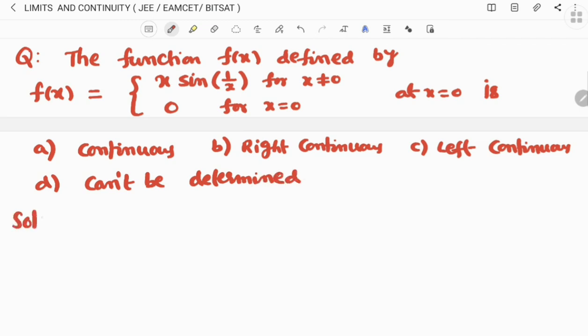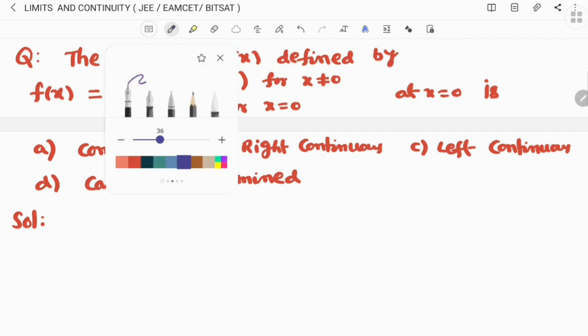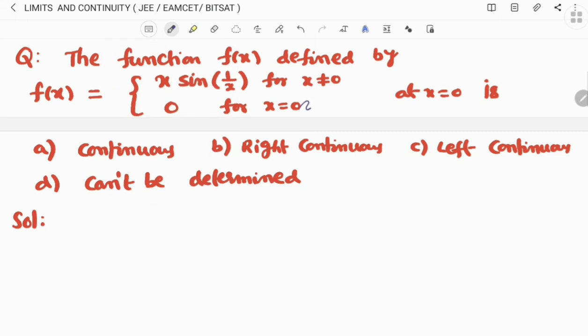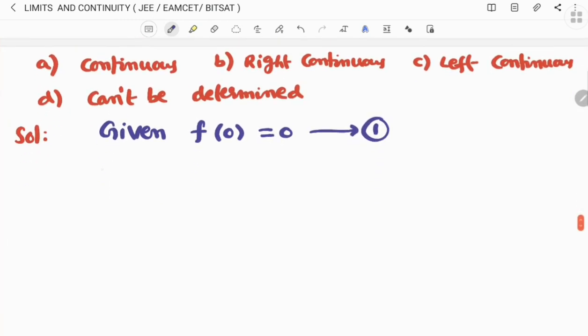See how we have to do this procedure. According to the question, at x equal to 0, f of x value is 0. So given f of 0 is equal to 0, put that as equation number 1. How will f of 0 come? By taking the limit x tends to 0 of f of x.